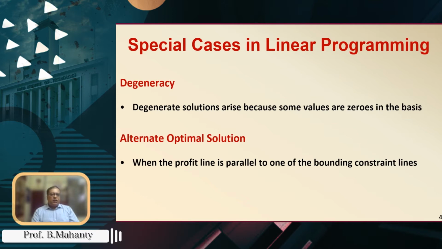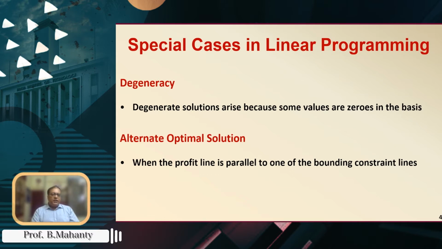Alternate optimal solutions occur when the profit line is parallel to one of the bounding constraint lines. We know that the optimal solution is one of the basic feasible solutions, and the basic feasible solutions are corner points of the solution space, and two corners are made by a straight line, which is a constraint line. Suppose that constraint line is the bounding constraint line, then what is going to happen when the profit line is parallel to it?